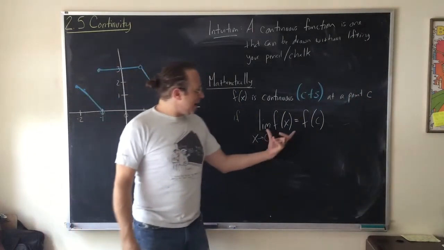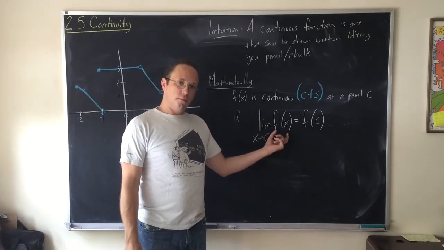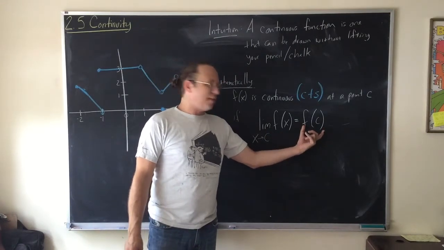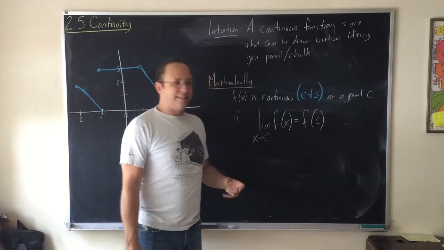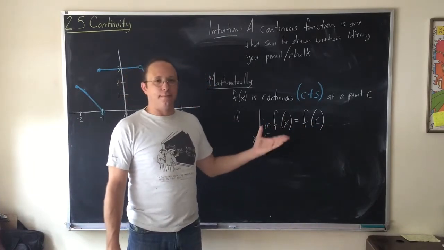So if the limit as you approach the point is equal to the value at that point, we say it's continuous.